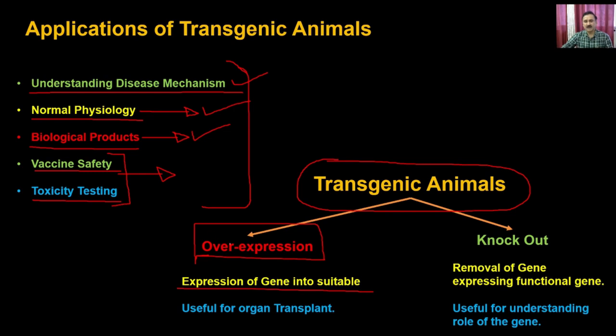When you overexpress a particular gene, the organism acquires a very large size, and that's how they are also very useful for organ transplant.